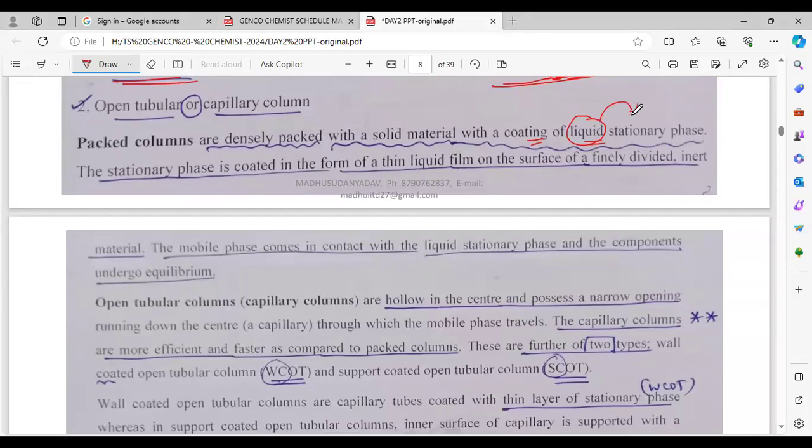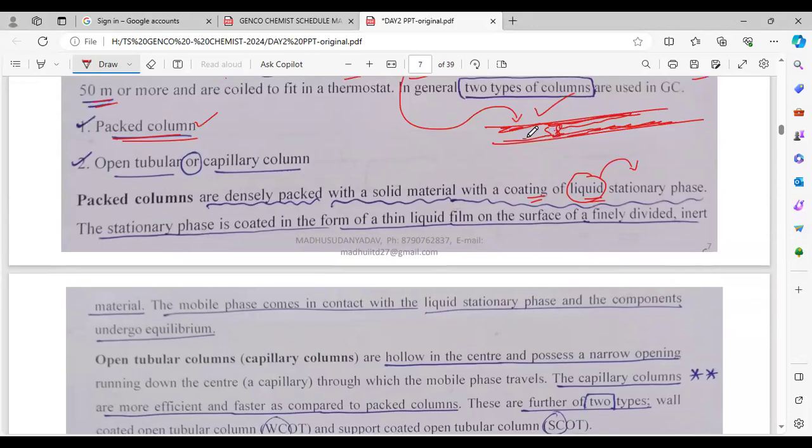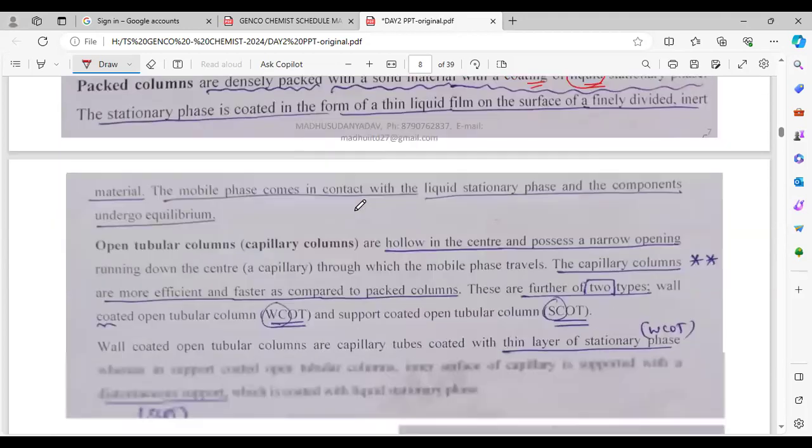Liquid state, stationary phase only. So that coated material must be in the liquid phase. Whatever the coated area I said, it is not solid, it is liquid. That's why I told you GLC, gas liquid chromatography. This liquid is nothing but the stationary phase. Okay, this gas is the mobile phase. That gas is helium, argon, and other things. Okay, is that clear now?